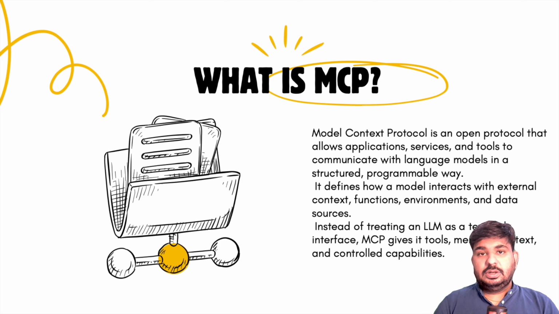A protocol that defines how a model connects, what the model is allowed to do, what tools it can use, what resources it can read, and how results flow back to the model. It is the foundation behind modern agentic AI. In short, MCP is an open protocol that gives models controlled access to tools, data, APIs, and real world environments.